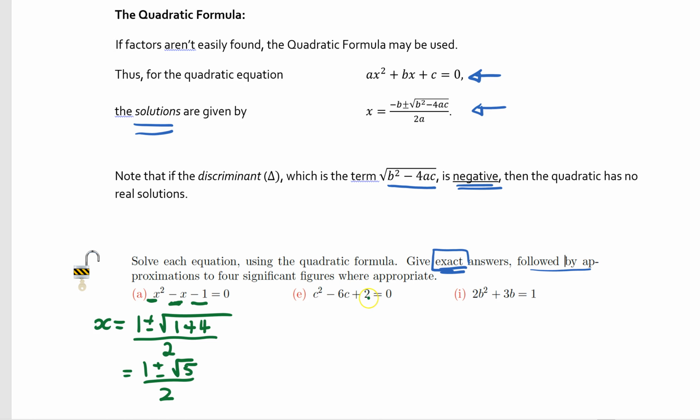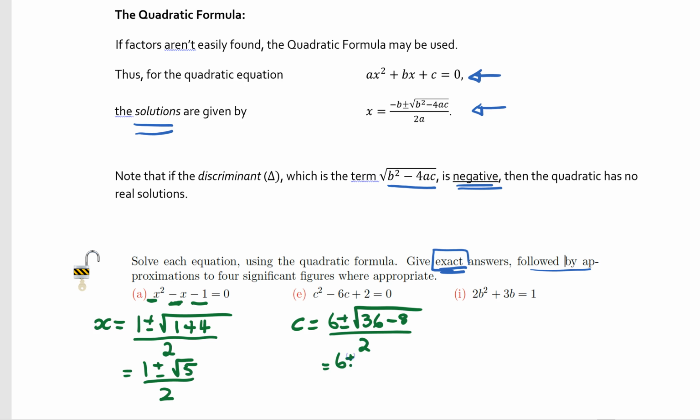My second example here, same story. Are there two numbers that multiply to +2 and add to -6? No, so go into the quadratic formula, where now it's a c rather than an x. So c equals -b, that's 6, plus or minus the square root of b squared, so minus 6 squared is that, minus 4 times 1 times 2, so that's minus 8, all over 2.